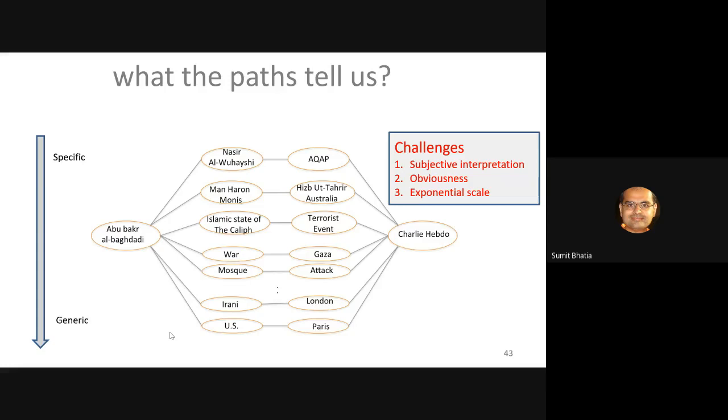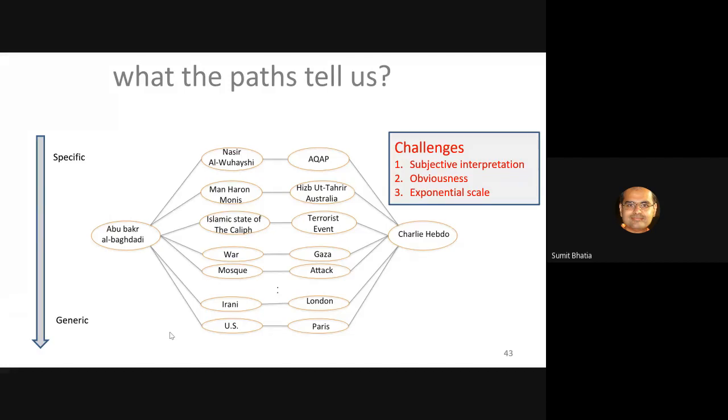Something like what I have shown at the top: Nasir al-Buhaishi, AQAP. Nasir al-Buhaishi is another terrorist who has some connection with al-Baghdadi, and who is also a part of this organization called AQAP. Now this AQAP was found to be connected with the Charlie Hebdo attack, right?